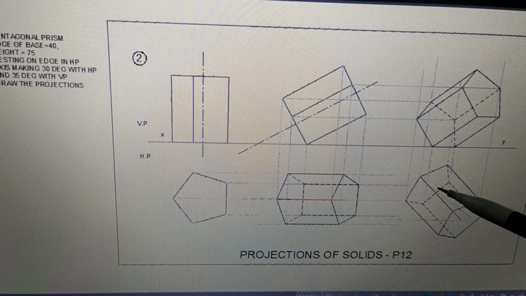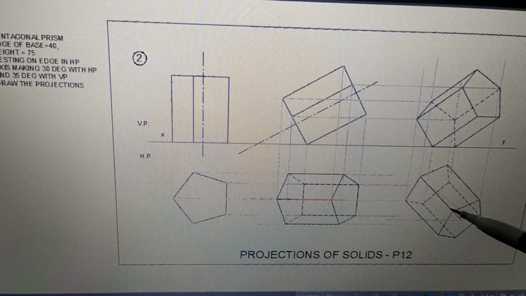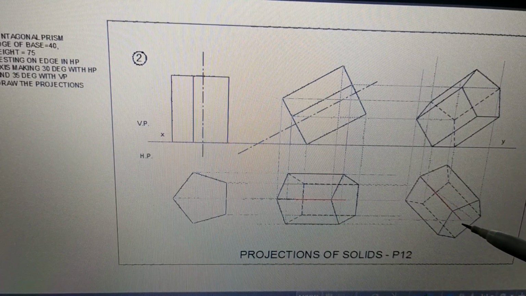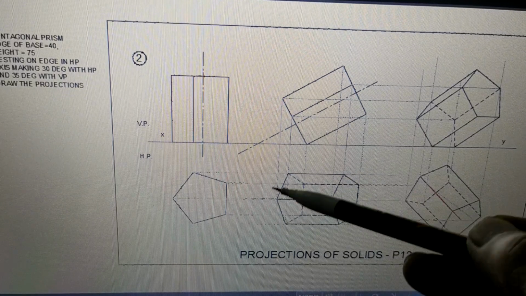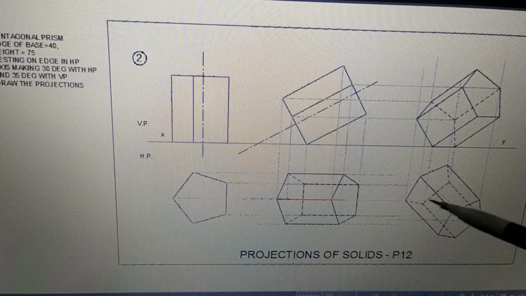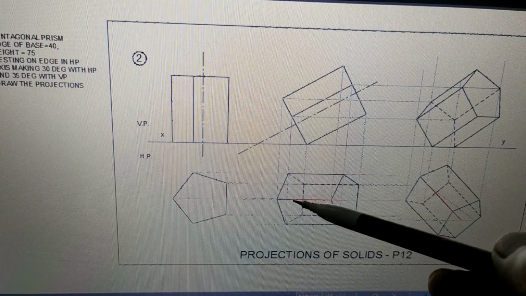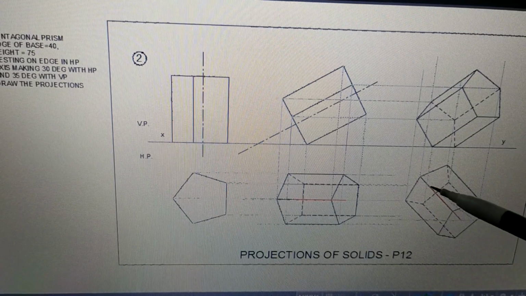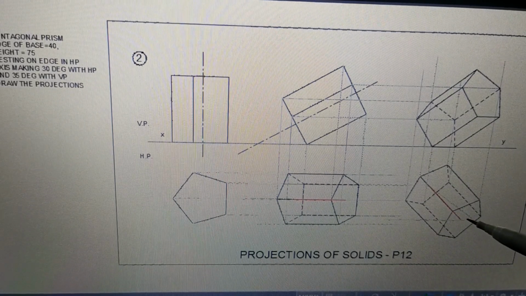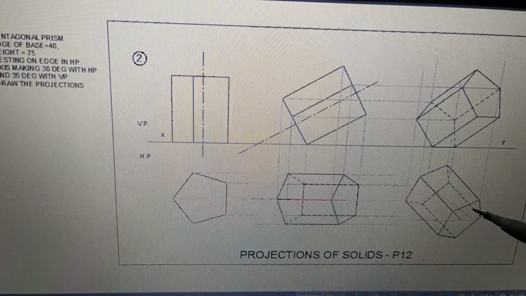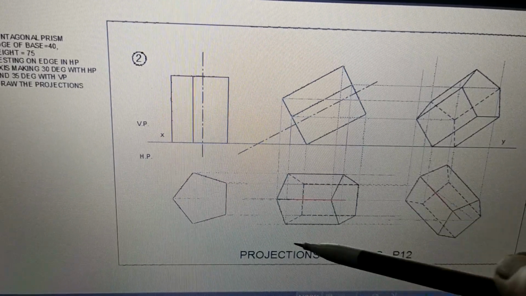So you have drawn this axis here at the apparent angle. Now this entire figure you have to repeat here, such that this red axis falls on this red axis. So repeat the entire figure here. There should not be any change.